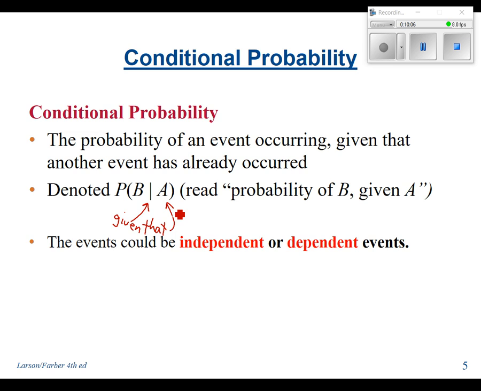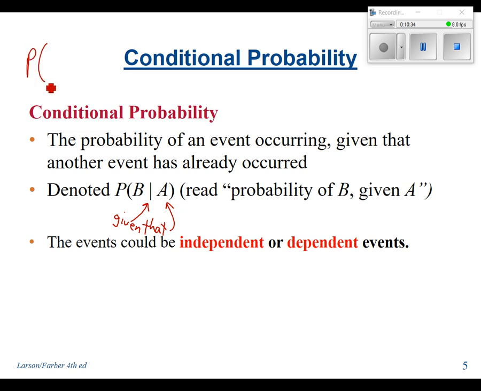So if I had all your names in a hat, and I said I want to pick Cooper's name out of all the male names, it would be the probability of picking Cooper given that we're only taking from the male names. And that's supposed to be a backslash like this.